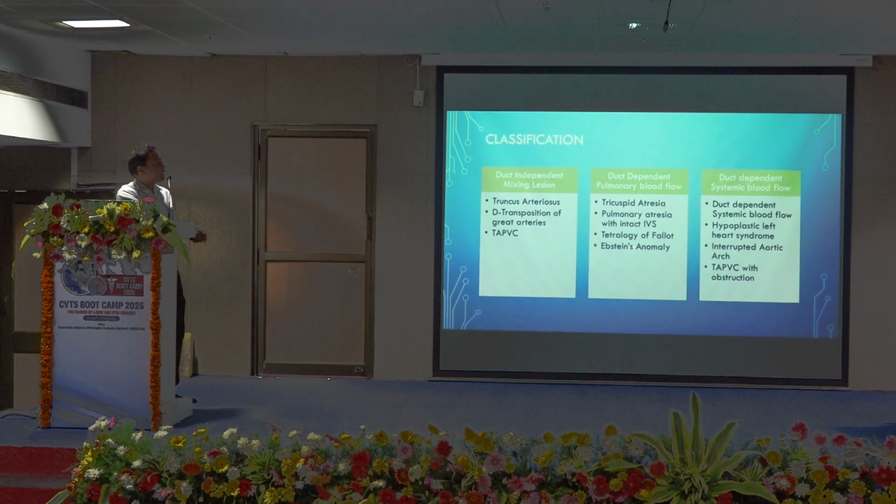When it comes to duct dependent lesions, the child survives depending on the duct flow. Those diseases are tricuspid atresia, pulmonary atresia, tetralogy of Fallot with severe PS, and Epstein's anomaly. Duct dependent systemic blood flow lesions are hypoplastic left heart syndrome, interrupted aortic arch, and TAPVC with obstruction.